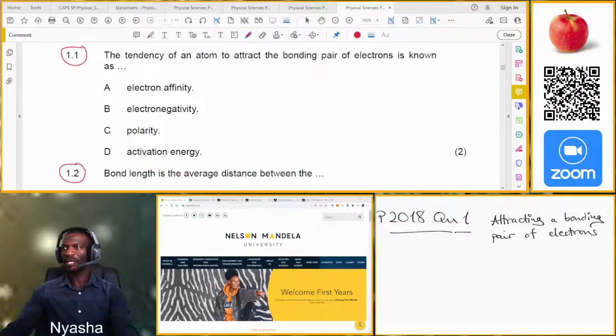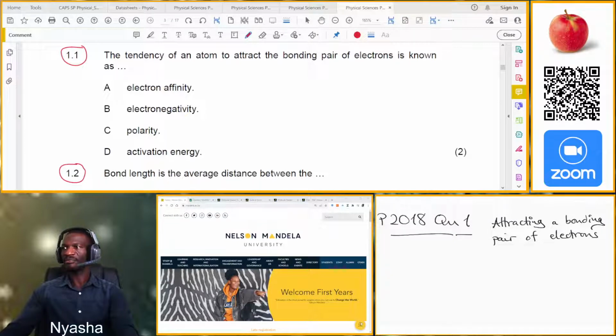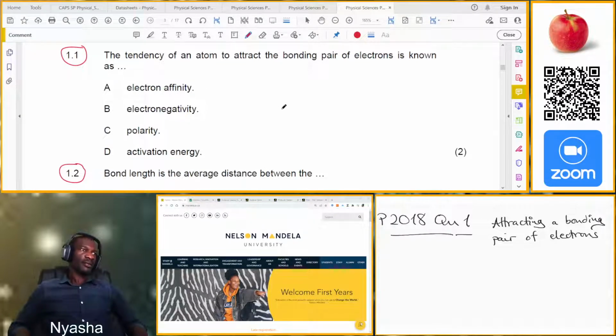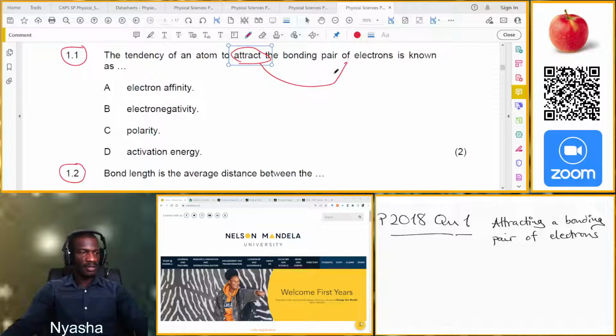Attracting a bonding pair of electrons. Which option there is true or makes sense? We have electronegativity as the second option, polarity as the other option, activation energy is the last. If you look at this question, you will discover that the keywords we are discussing are attracting electrons.